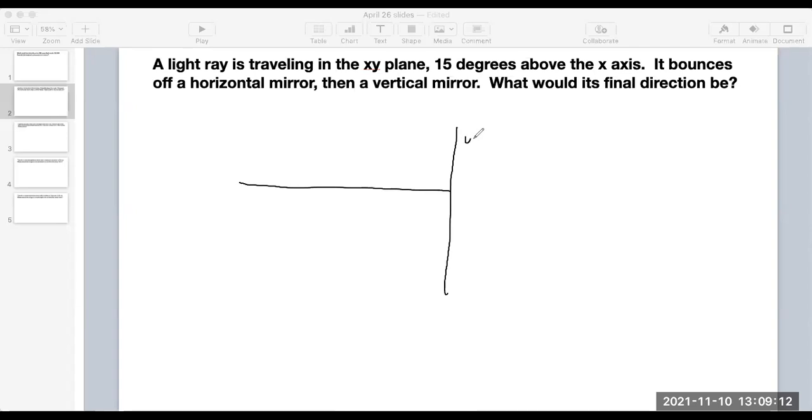I mean, this one is vertical, and it has a horizontal normal vector, and our horizontal mirror has a downwards normal vector.